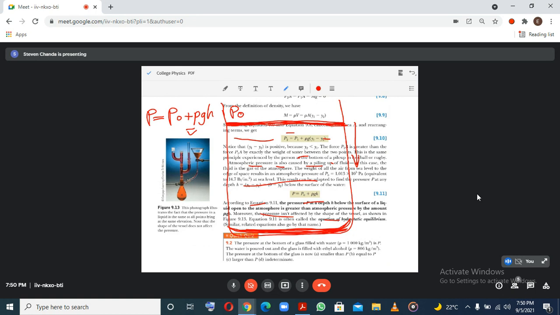Whenever we are talking about weight and depth, remember we can't do it without gravity, because gravity is the one that tells us you've gone up, you've gone down. Therefore, that's where the g comes from.